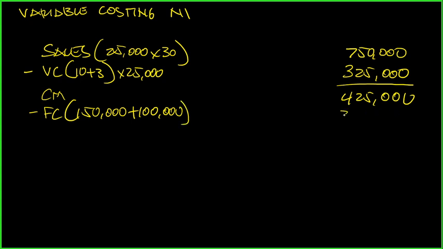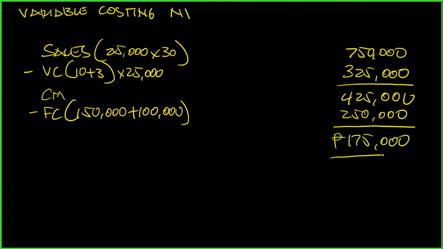So you now have 2, and 200. 5425 minus 250. This is 1, 175. That's now your net income.